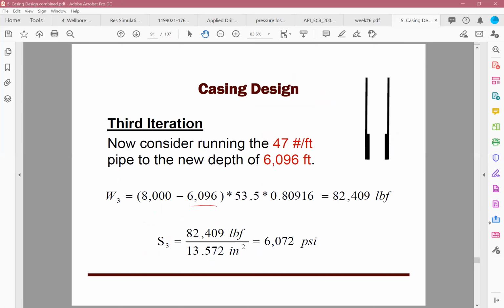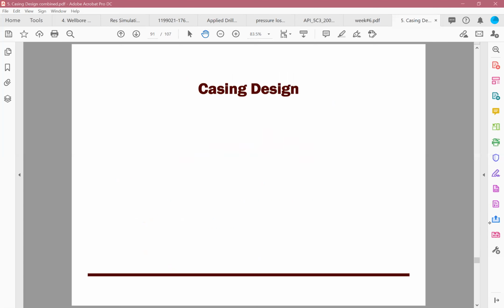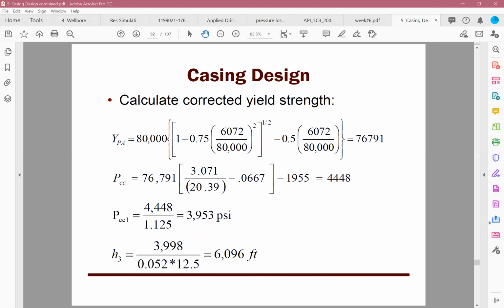Now, based on the 6,096 feet, calculate the buoyant weight of the casing in this case, divided by cross-sectional area, get the stress being applied, calculate a new value for equivalent minimum yield strength, 76,791.